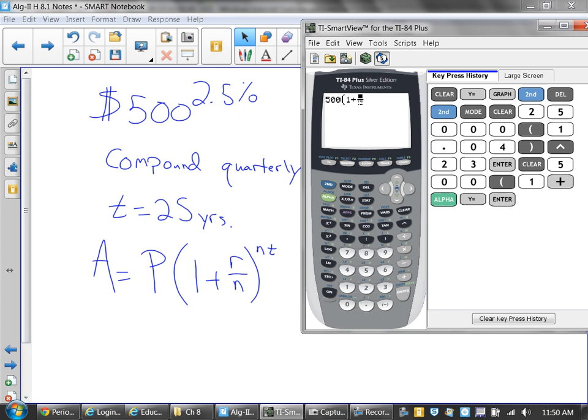What's my rate if it was 2.5%? 0.025 over, if it's compounding quarterly, what's the value of n? 4. Good. Now hit the right button to get out of the fraction. Close your parentheses, and then it's going to be raised to the 4 times 25. We could probably just write that out, correct? 100.